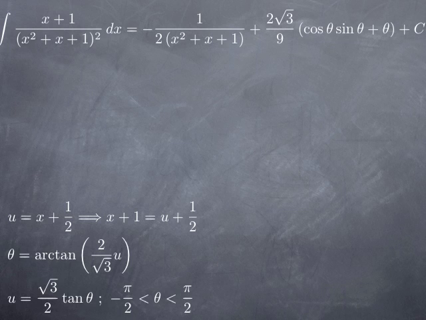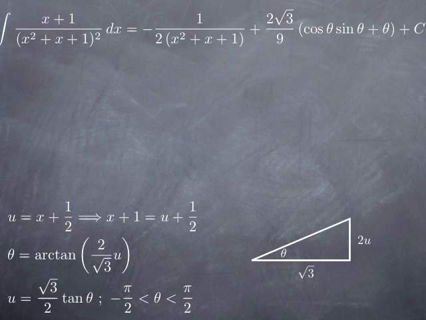Here we're going to use the type of geometric representation we have used to go back to the original variable when we were looking at trig substitution. Namely, we see that since tangent theta is 2u over root 3, that means that the ratio of the opposite side to the adjacent side in a right triangle is 2u to root 3.